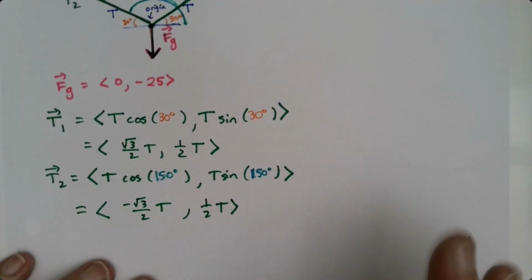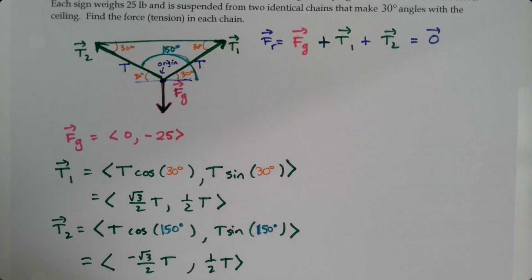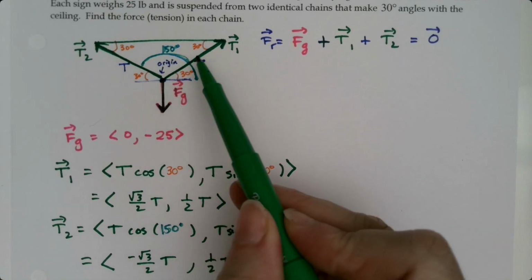Okay, so now I can just plug in all the pieces I know and set it equal to 0. And I can solve for T, which is what I'm actually looking for, the tension in the chain, the magnitude of that force.